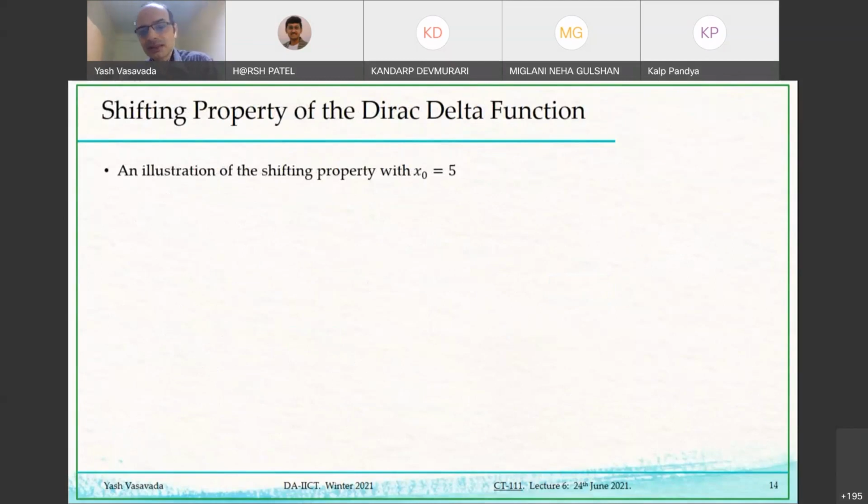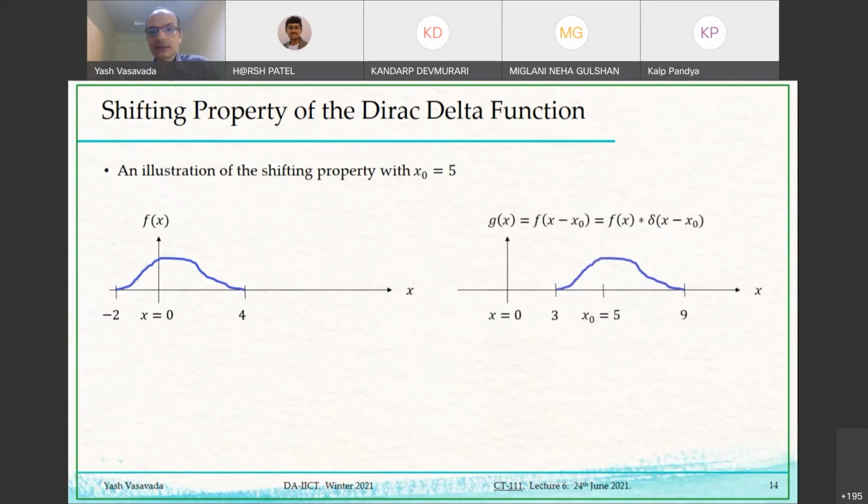Okay, so let me give an example. Let's say x naught is 5. And let us say that f of x is like this. It is defined over -2 to 4, and it has this particular shape. If I do this convolution of f of x with delta of x minus x naught, then the output I get is nothing but f of x minus x naught, meaning the whole shape gets shifted to x naught equal to 5.